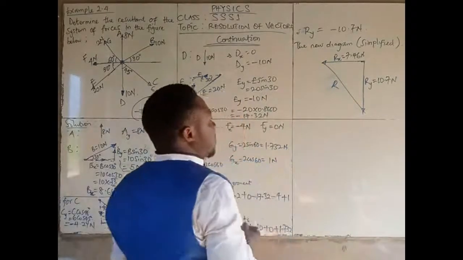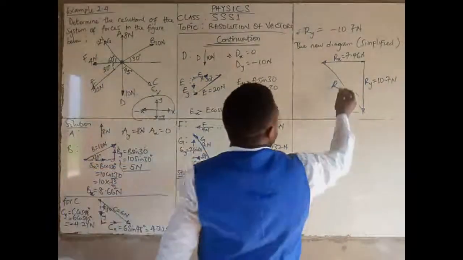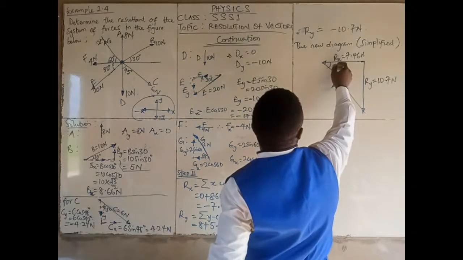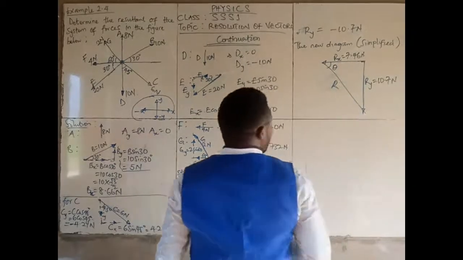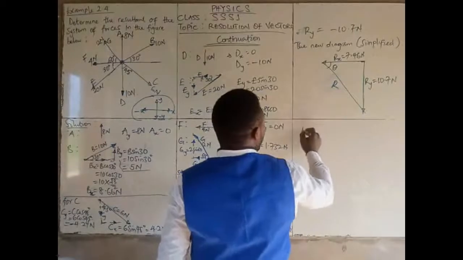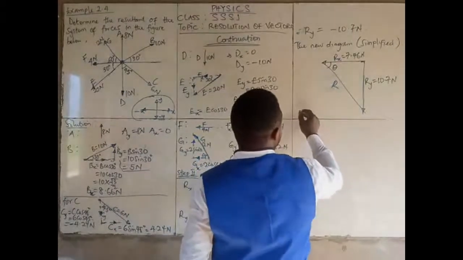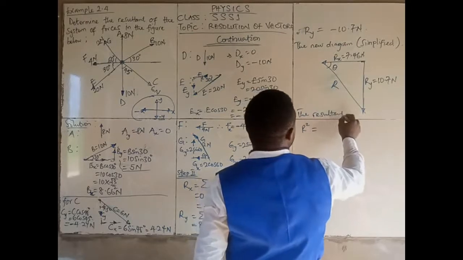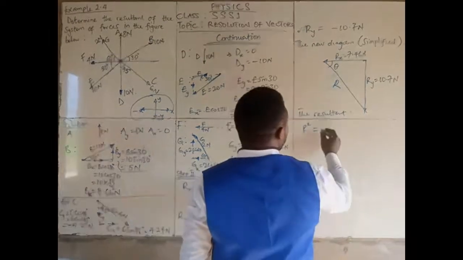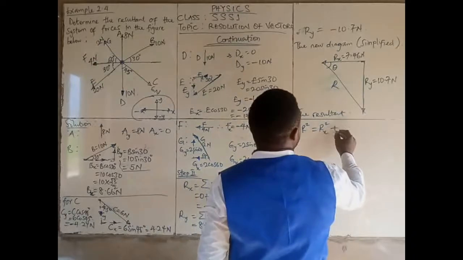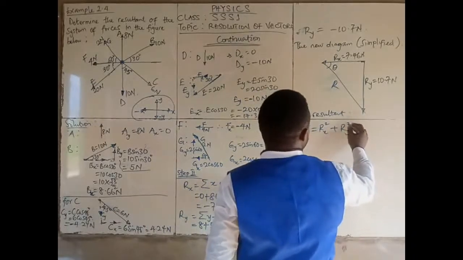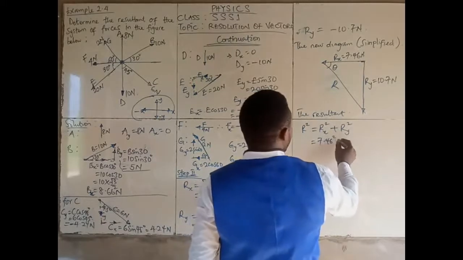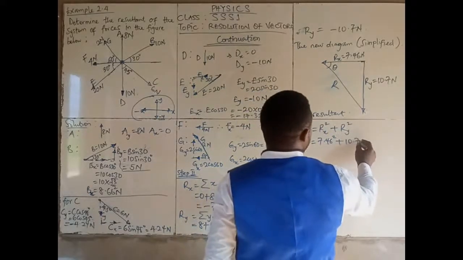That's our resultant. And we can determine what angle it is making with the x component. Let's call it theta. You can determine that using Pythagoras theorem. R square, the magnitude of the resultant, is equal to Rx square plus Ry square, which is 7.46 square plus 10.7 square.